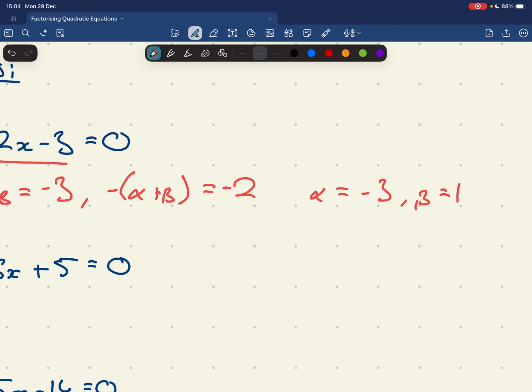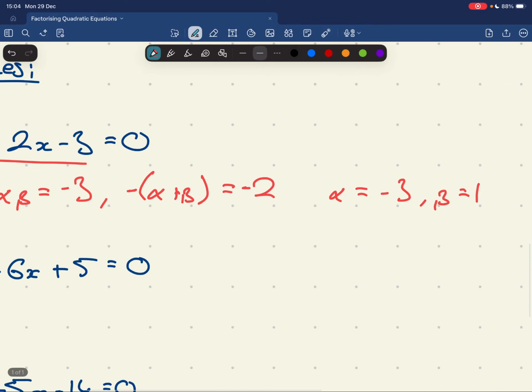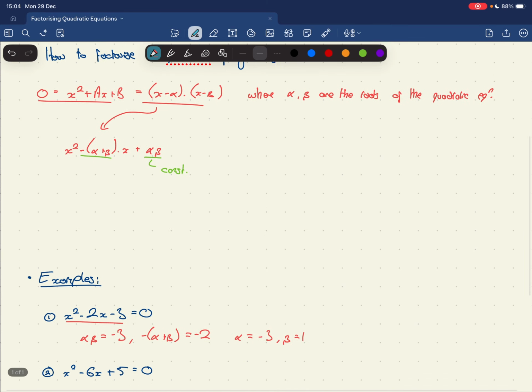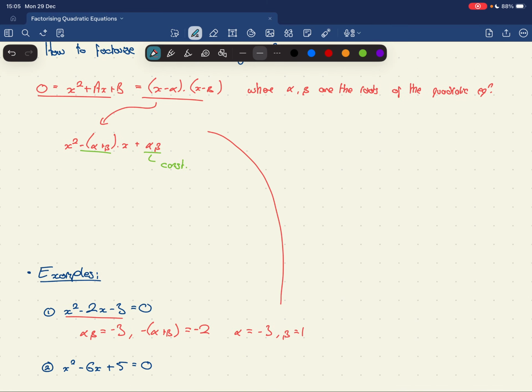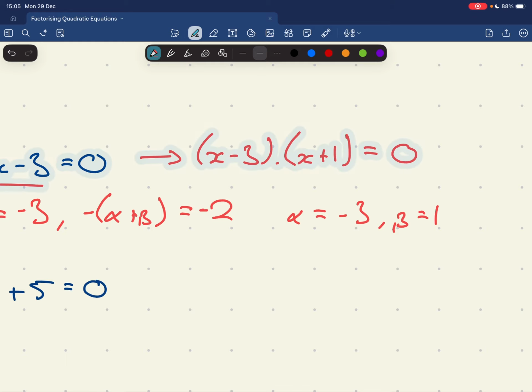It doesn't matter if alpha is equal to 1 and beta is equal to minus 3, or the other way around, they both give the same result. Thinking about what we've done before, the factorization is going to look like x minus 3 times x plus 1 is equal to 0. So now, what are the roots of this quadratic equation?